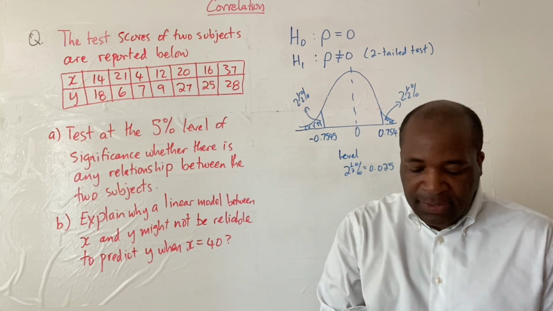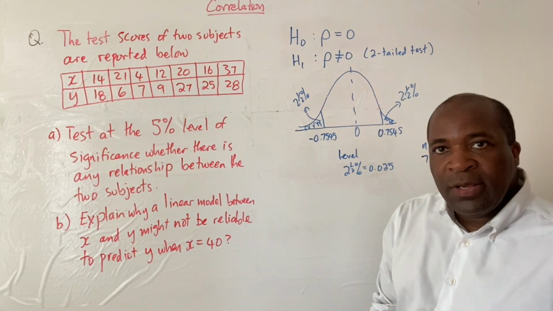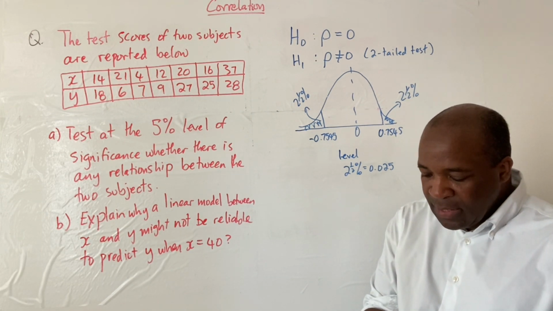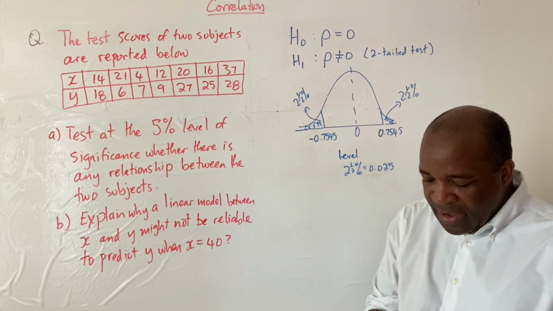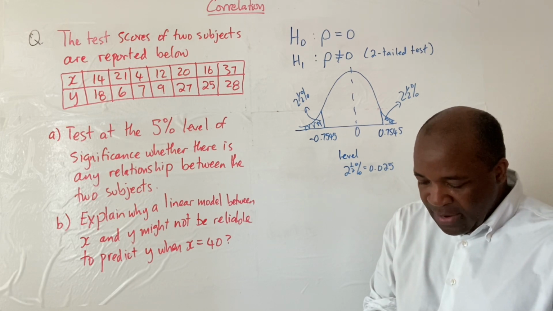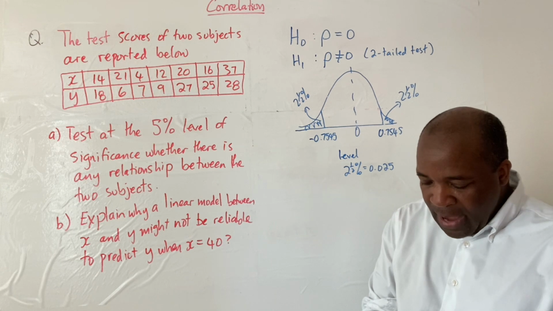So I'm going to go to stats, and the routines here should be similar for the CG50. Then I'm going to clear the table if there's any value. So you want to make sure you clear any values in your tables. I'm going to be using list 1 and list 2.